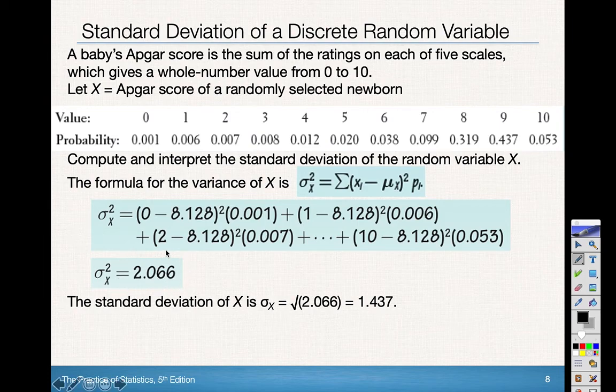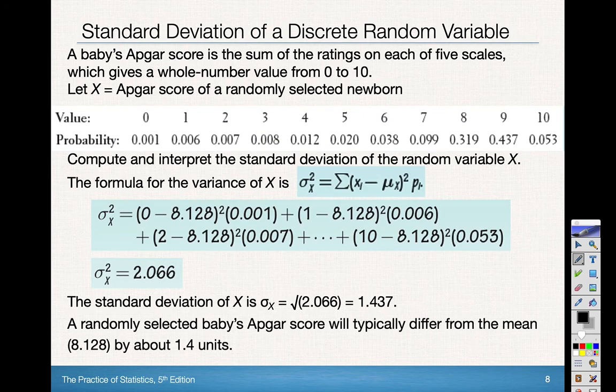Our variance came to 2.066. Look at what variance is. Variance was our sigma symbol with subscript x, that's this random variable X, and squared, because sigma x was the standard deviation. Square it, you have variance. So sigma x is 1.437. What does that mean?